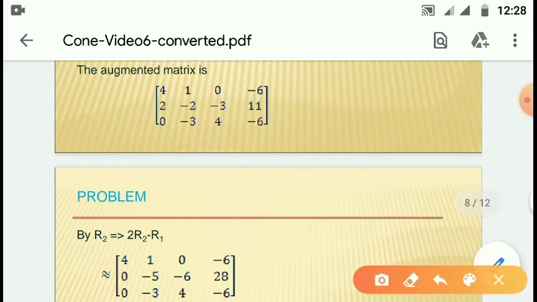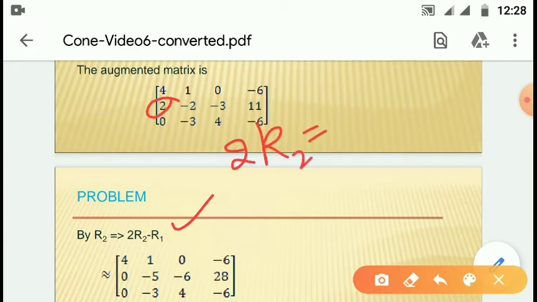So to make it 0, we apply R2 equals 2R2 minus R1. What is 2R2? We have to multiply this entire row by 2, which gives 4, minus 4, minus 6, 22.